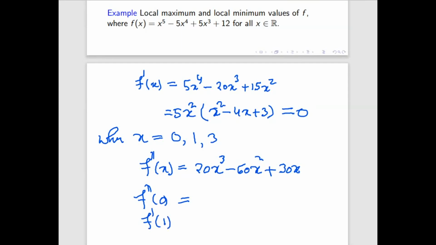At 1, what will be the double derivative? And at 3, what will be the sign of the double derivative? At 1 it is negative, so at 1 it is maxima. At 3, is it positive or not? If it is positive, then 3 will be minima.